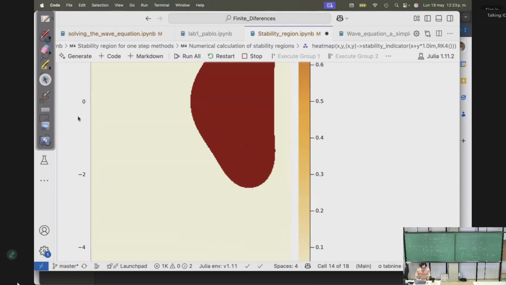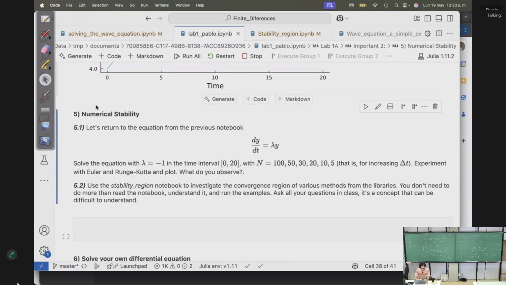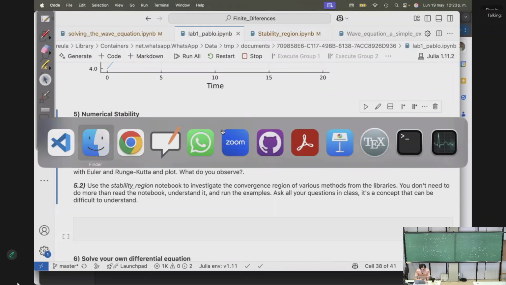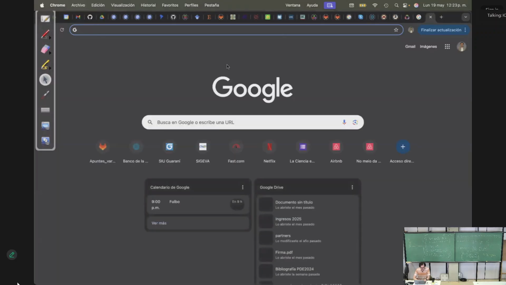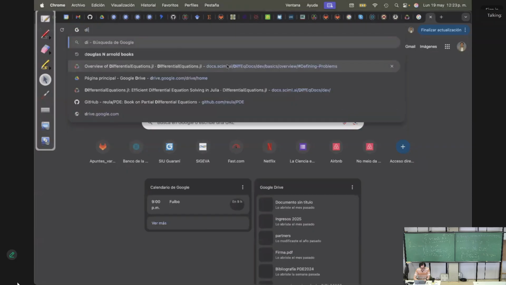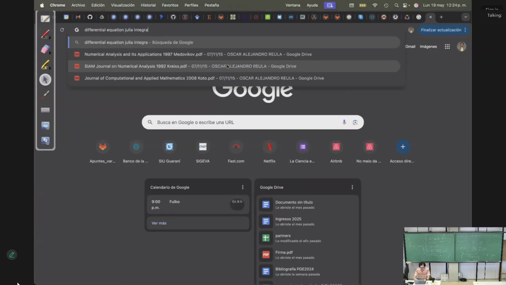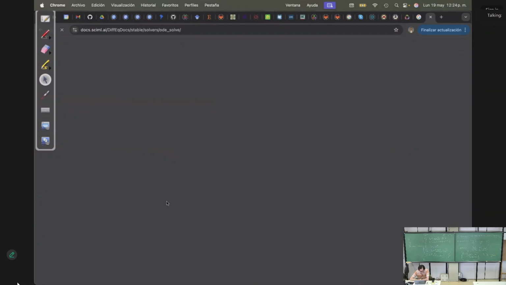So let's try to take any method here. For example, let's see, differential equations Julia integrators, or the solvers here.